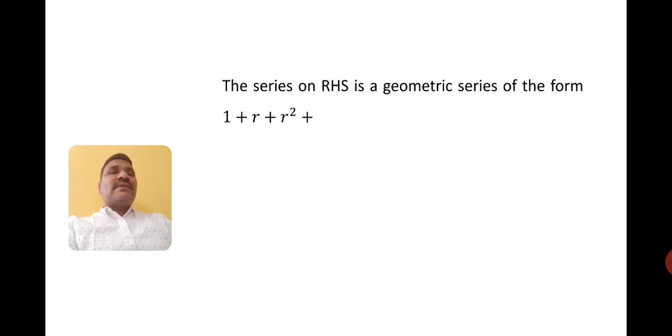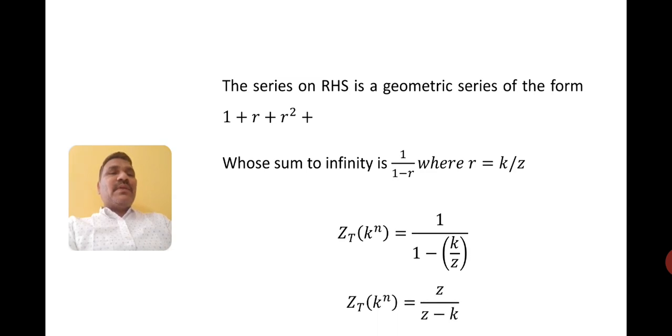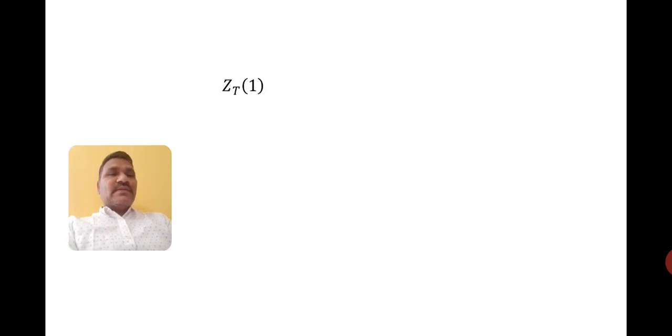This is called a geometric series. We know how to get the sum of this. The sum to infinity is given by 1 by 1 minus r. Here r is k by z. Let me put all these things: 1 by (1 minus k by z). Now take the LCM and simplify. You will get z by (z minus k). This is the first answer.